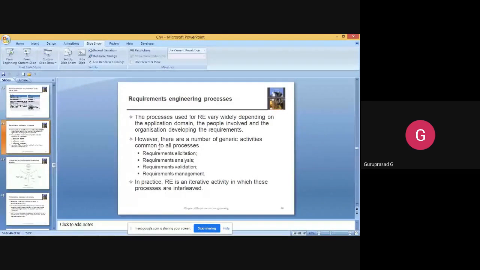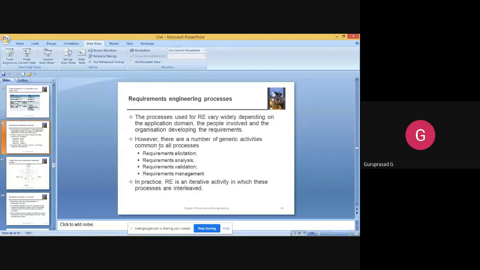So what is the requirement engineering process? Already I mentioned. Here the focus is on assessing if the system is useful to the business, then discovering the requirements, because in the beginning I mentioned. So it generally includes the feasibility study.